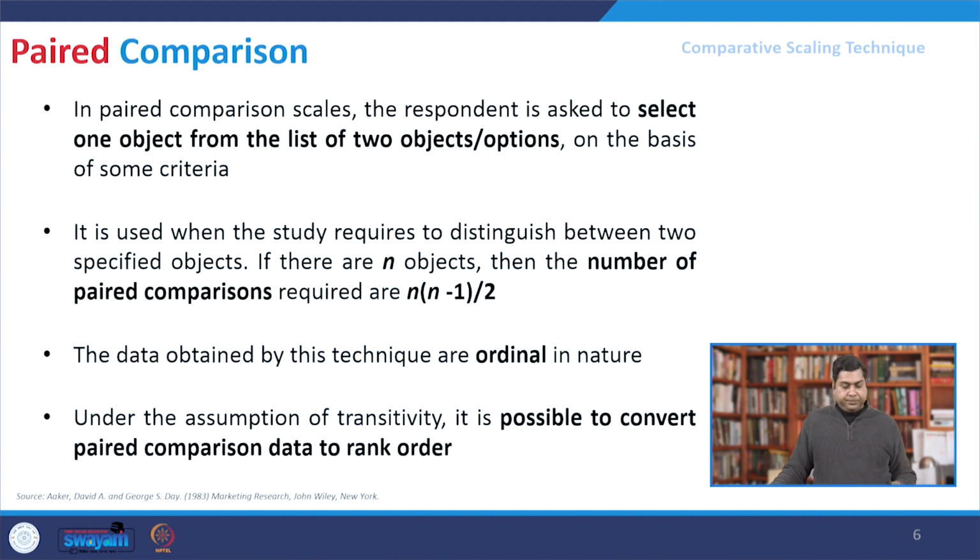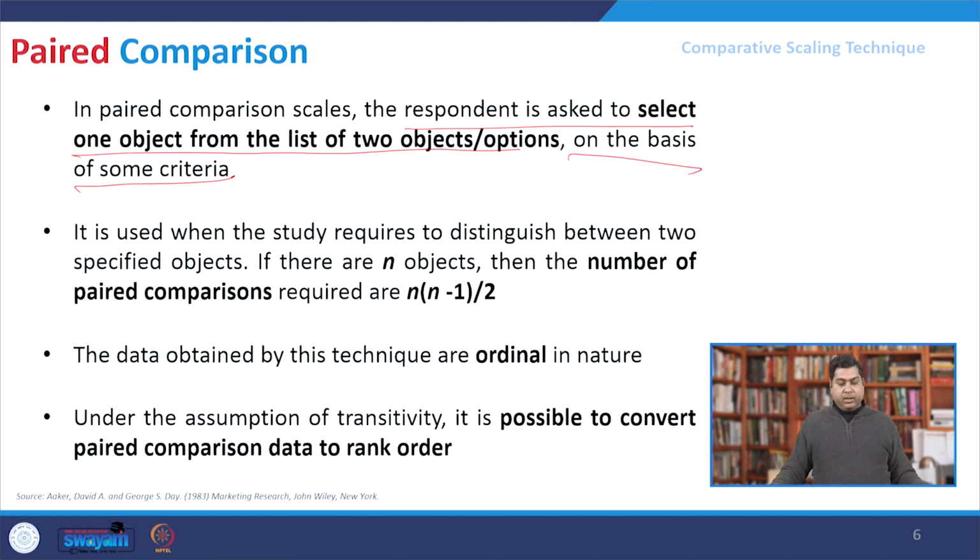Paired comparison. In a paired comparison scale, the respondent is asked to select one object from a list of 2 options at a time on the basis of certain criteria, whether it is preferred or not preferred.